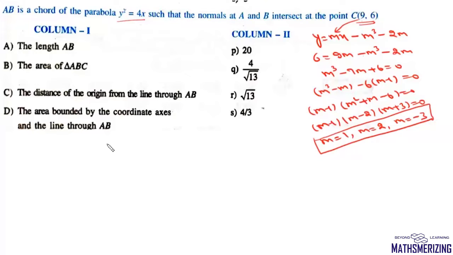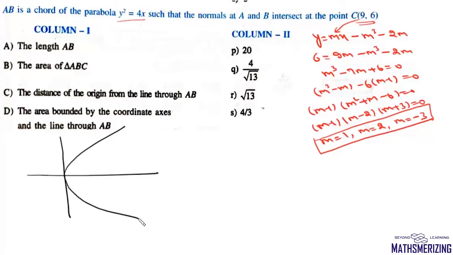So now we have this parabola which is y square equals 4ax, and then we have this point C which lies on this parabola, and then we have these foot of normals. So we can find foot of normals which are (am square, minus 2am). Now here the value of a is 1.